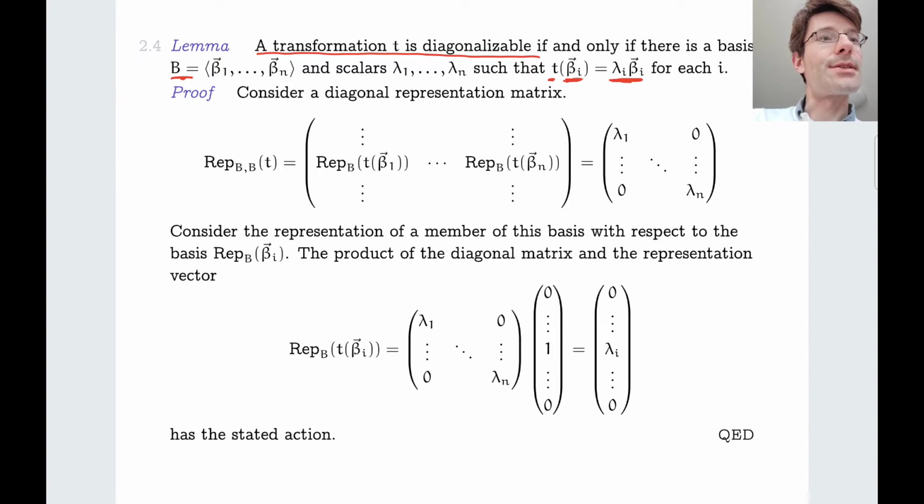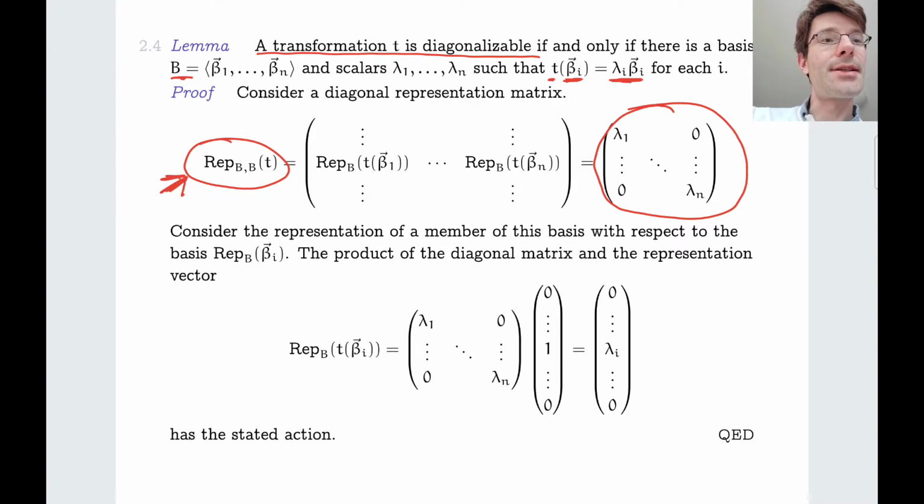So a transformation T was diagonalizable. That meant it has a diagonal matrix as representation with respect to some basis. So here you have it, the diagonal matrix. But you know how this matrix is constructed. It's constructed by running the basis elements through the transformation and then representing the result with respect to the basis.